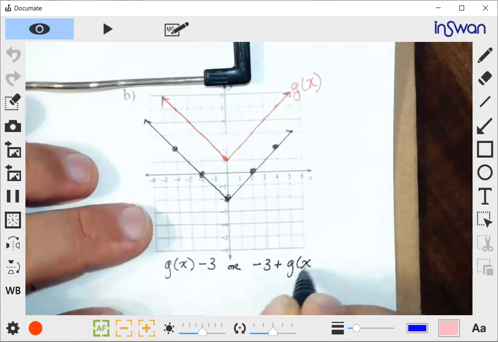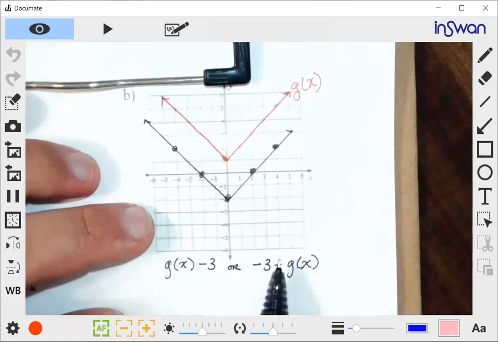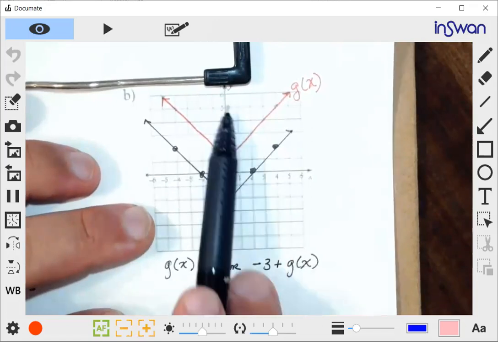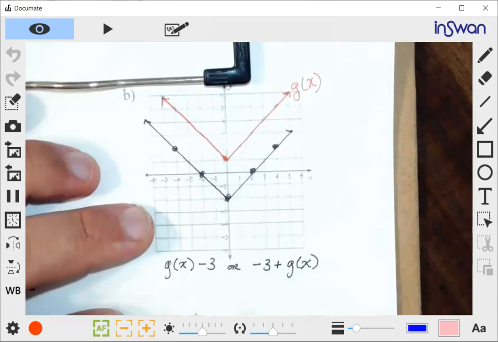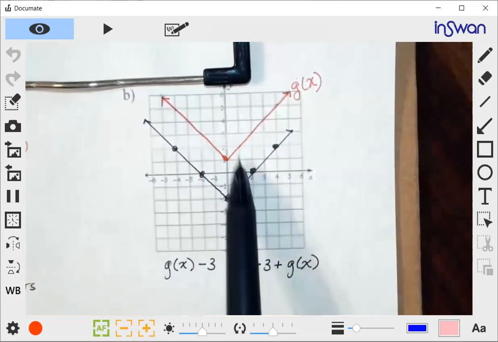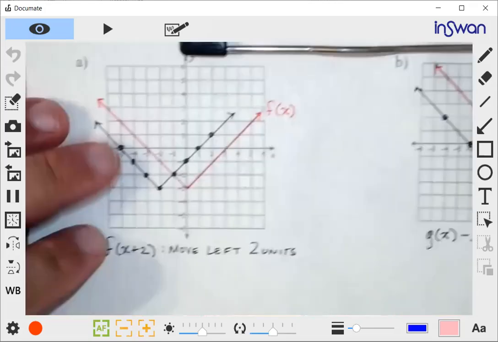And so I could write it as -3 plus g of x, right? What if I wanted to move this function upwards, right? Then if I wanted to move it upwards, instead of saying the function minus 3, it would be the function plus 3, right?